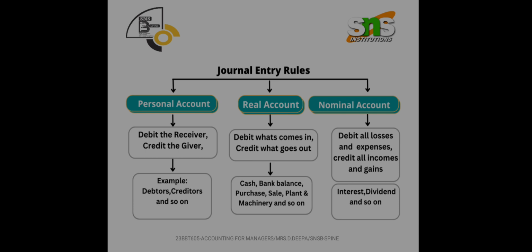Whatever expenses or losses you find in the transaction should be debited. If there is any income, salaries you are receiving, or wages you are getting, any incomes or gains should be credited. Examples are interest received, dividend received.